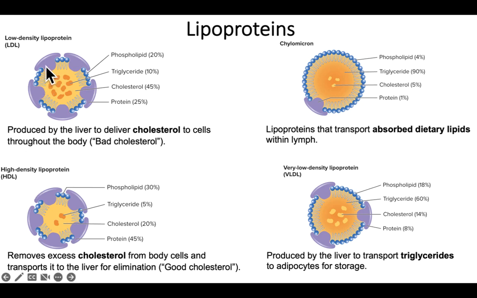And on this side, these are the two lipoproteins that are transporting most of your cholesterol. Cholesterol is produced by your liver and is sent out throughout the body. It's utilized by every cell in your body as part of the plasma membrane, so it has to basically get to every cell of your body. It also is used as a precursor to produce steroids, so we have to deliver it to those organs.